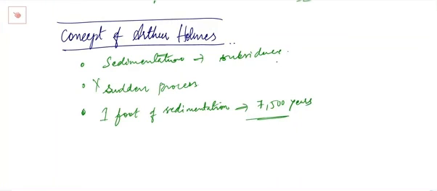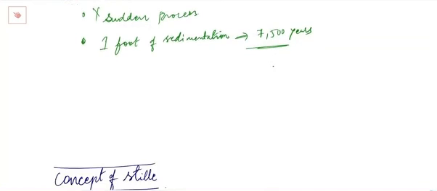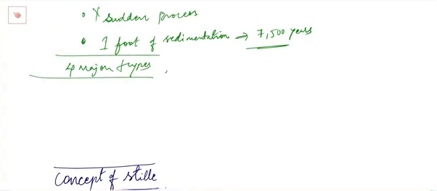And he also identified four major types of geosyncline. Let's see the first one. The first one is the migration of lava.